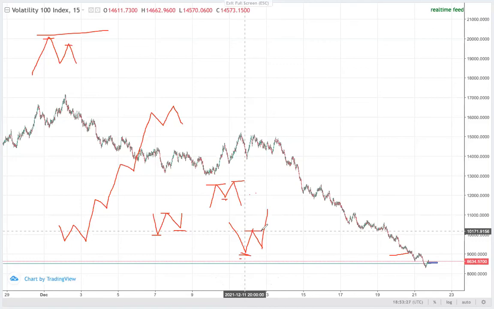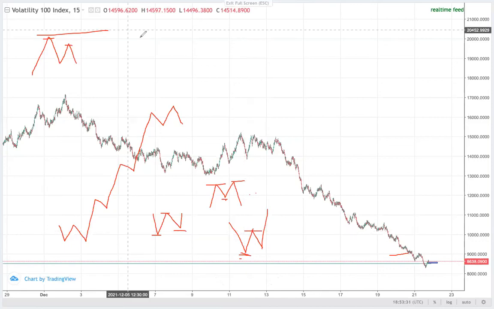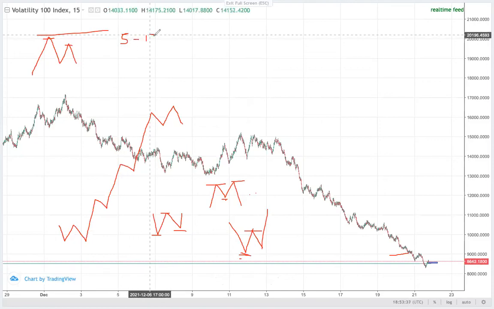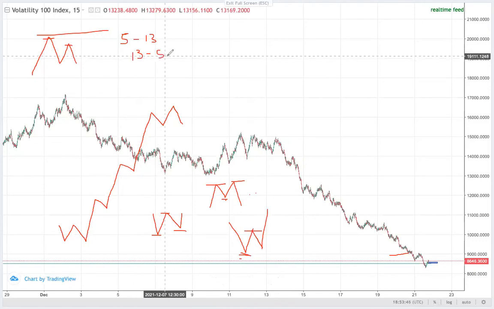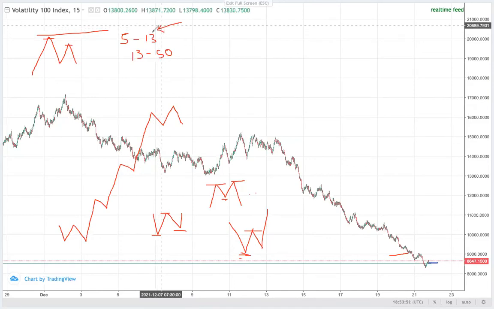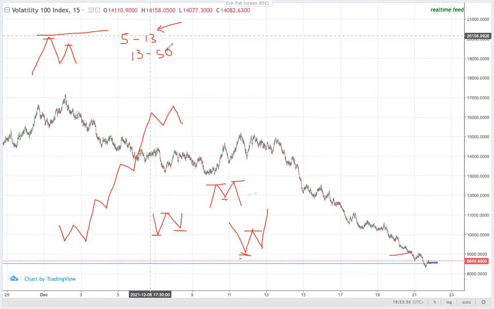But now the thing with BTMM is we have what you call the 513 cross, and we have what you call the 1350 cross. The 513 cross, this is the 5 EMA and this is the 13 EMA. The 1350 cross, this is the 13 EMA and the 50 EMA.